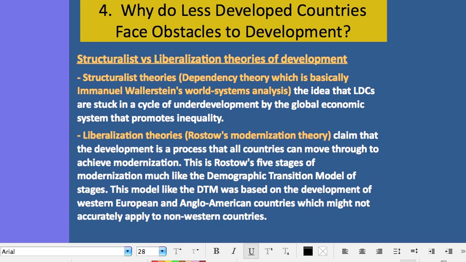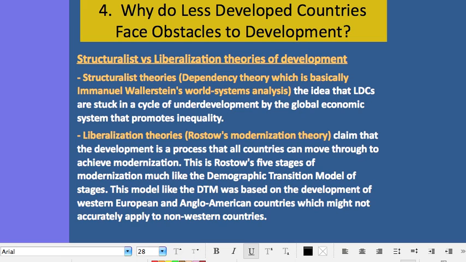So a structuralist would see that an LDC, or any country, is stuck in some kind of cycle of underdevelopment by the global economic system that promotes inequality. This would be like the dependency theory that we'll look at, which is basically Immanuel Wallerstein's world system analysis.